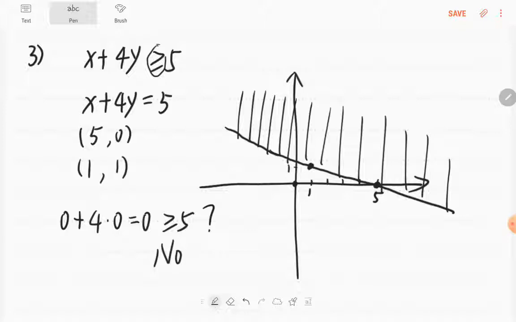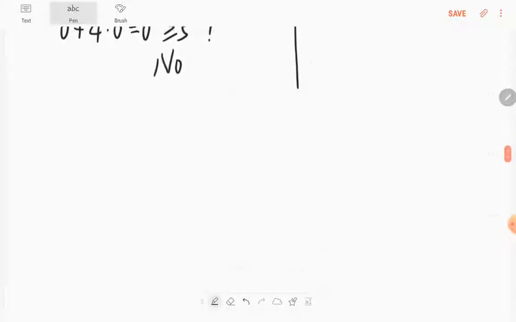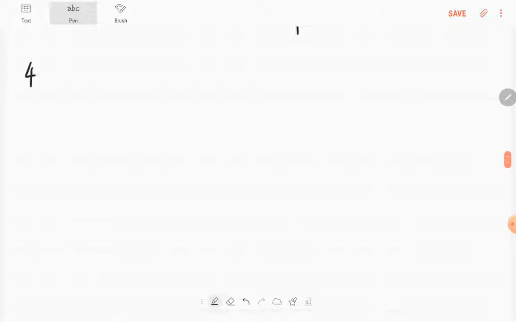Okay, so this is number 4. A steel company produces 2 types of machine dies, part A and part B. The profit for the part A is $3.